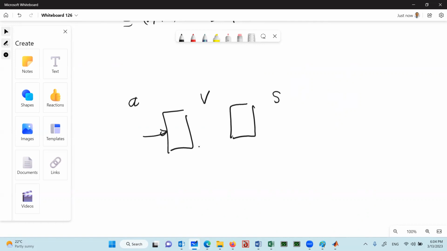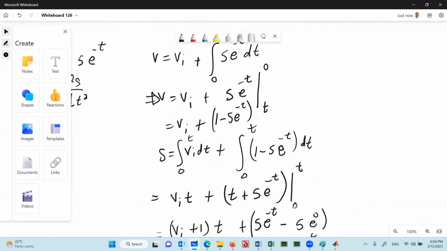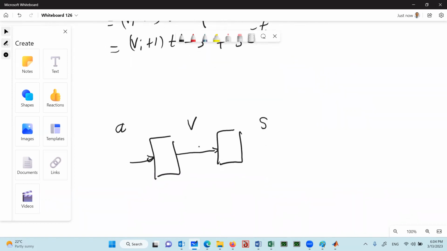The equation itself as a flow: the equation will start from here, and we want to go back to our acceleration, which is 5e minus t. So acceleration itself, we can write it like that, d squared s over dt squared equal to 5e minus t.